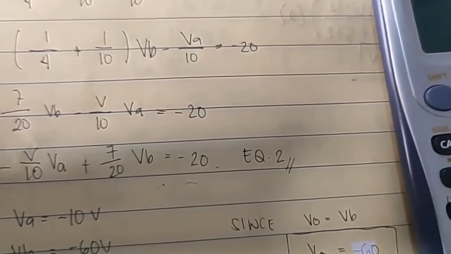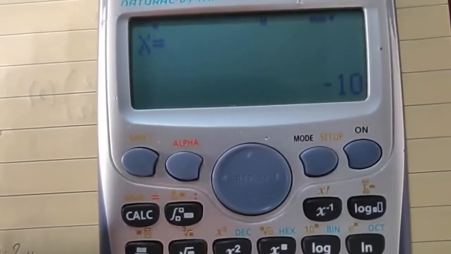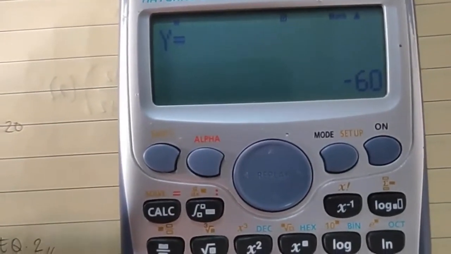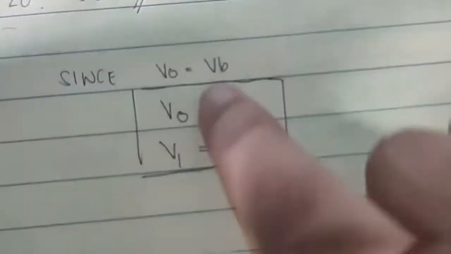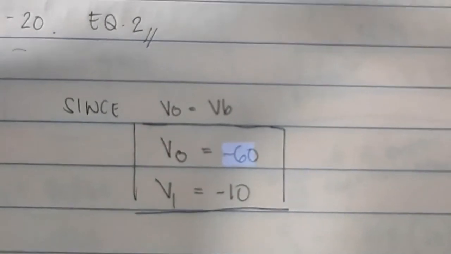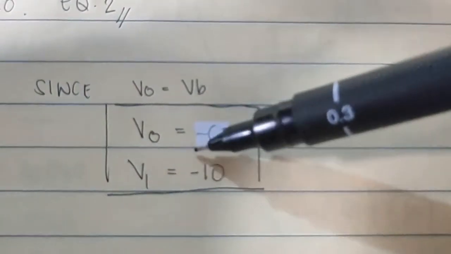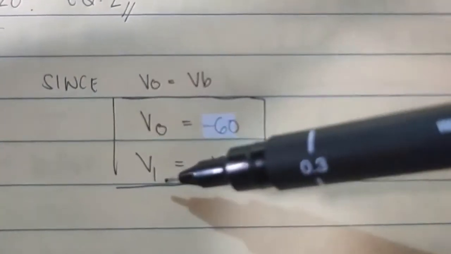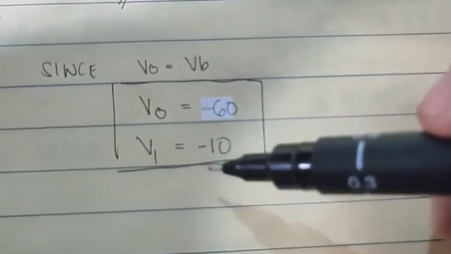Equals, so our VA is equal to negative 10 and our VB is equal to negative 60 volts. Since VO is equal to VB, VO is equal to negative 60 and VI is equal to negative 10 volts. So that's problem number 1.